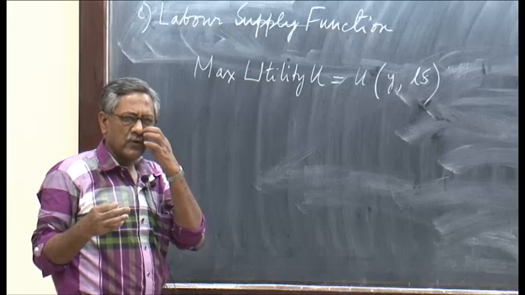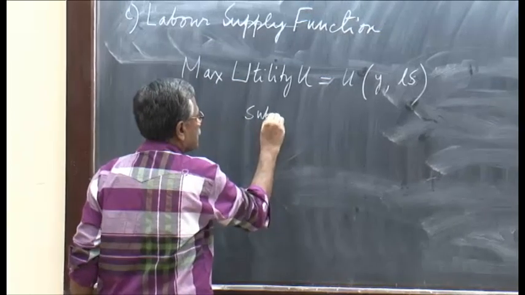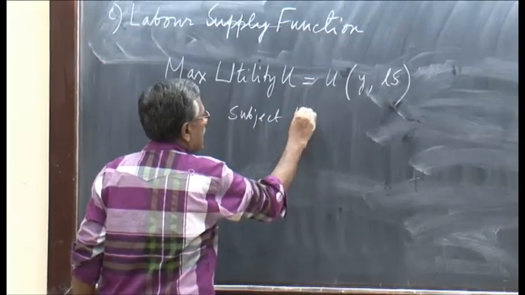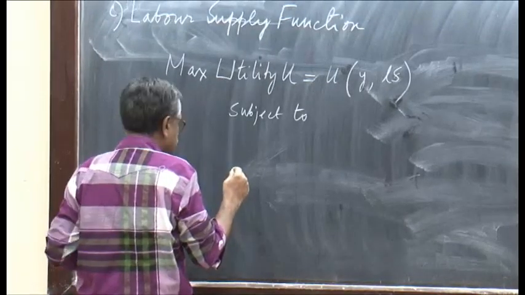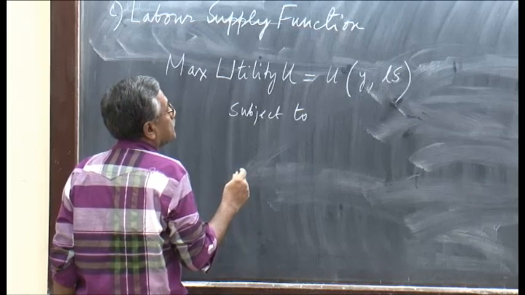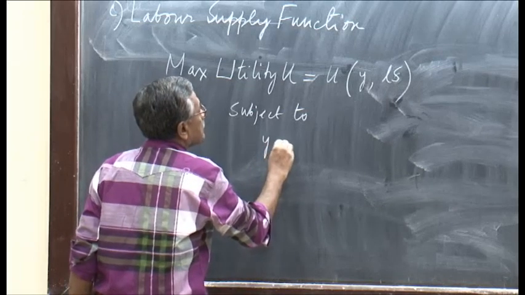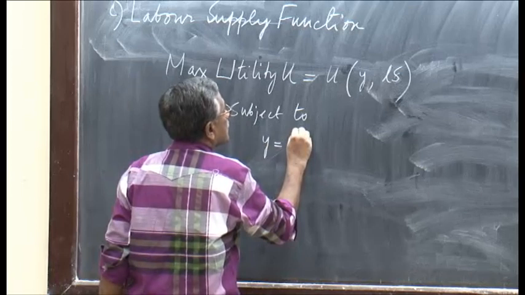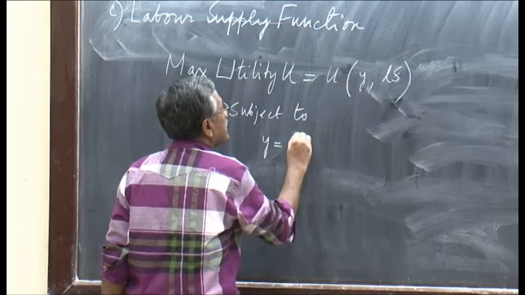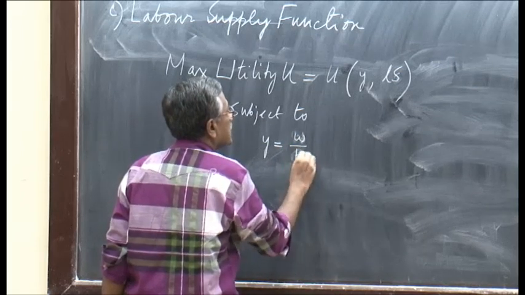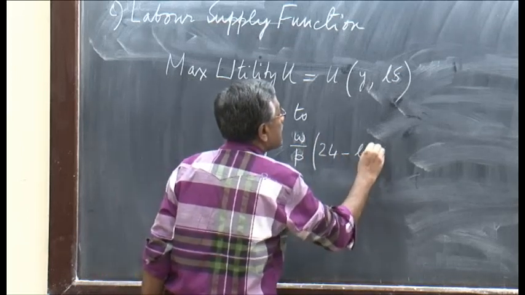The budget constraint involves prices, etc. So he maximizes utility subject to the budget constraint, which is Y equals W over P, the real wage. Suppose it's in individual terms, small w and small p, W over P times 24 minus LS.